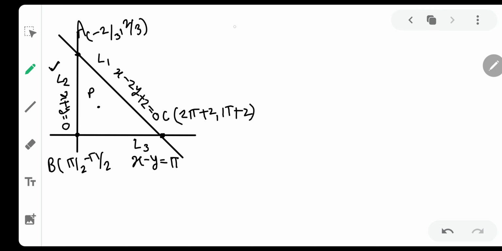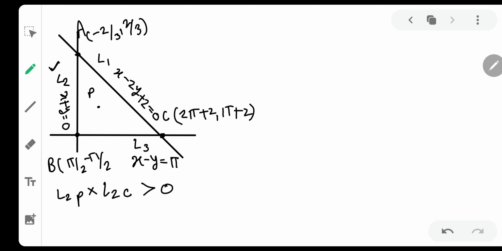So I can say L2P into L2C has to be greater than 0, because point P is to the right of line 2 and point C is also to the right of line 2. Both of the points are on the same side of line 2.